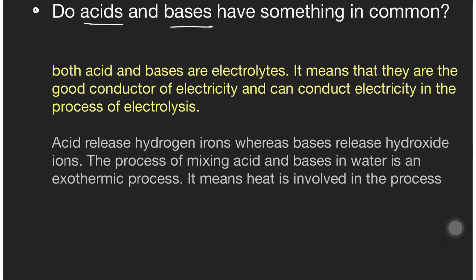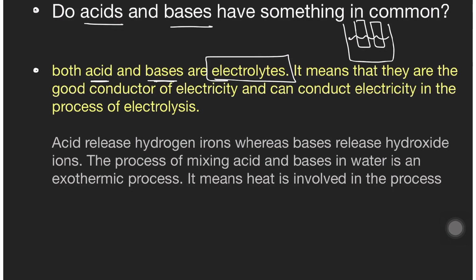Now, what do acids and bases have in common? If we talk about acids and bases, the common thing is that both acids and bases are electrolytes. What do you mean by electrolytes? We have already learned about electrolysis, right? So both of them are electrolytes.